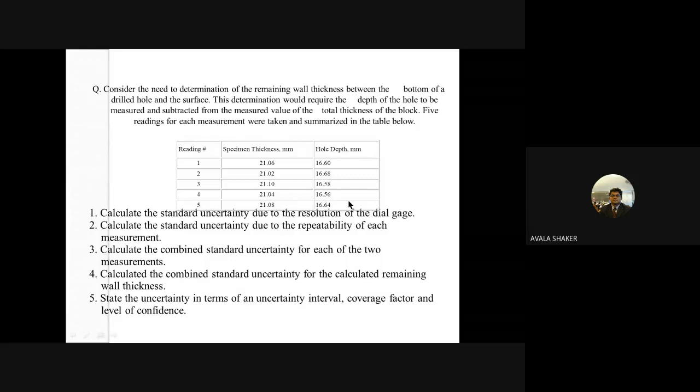If there is propagation, then the total standard uncertainty would be what you will be reporting. I think read the question first. I think it will become clear then. What is the question looking for? The determination would require the depth of the hole to be measured and subtracted from the measured value. So it has to be either added or subtracted. Right. Carry on, please.